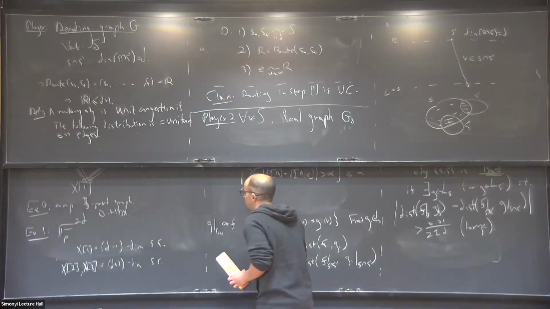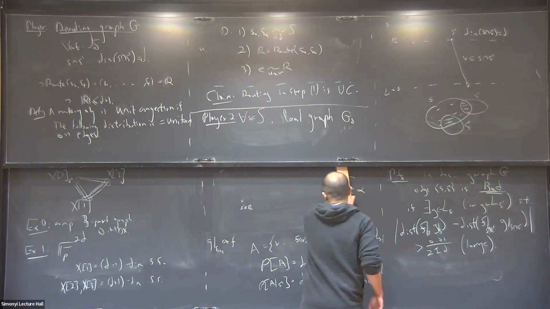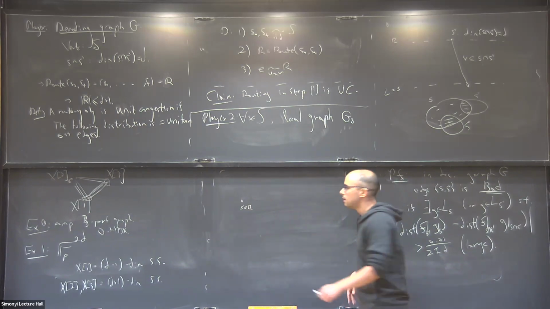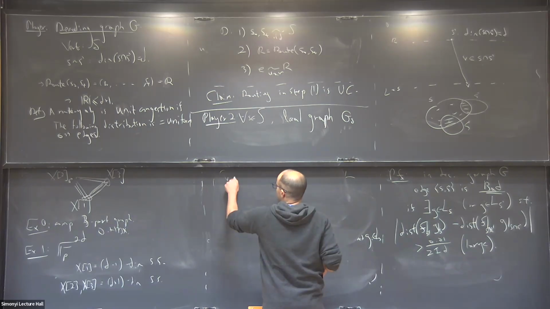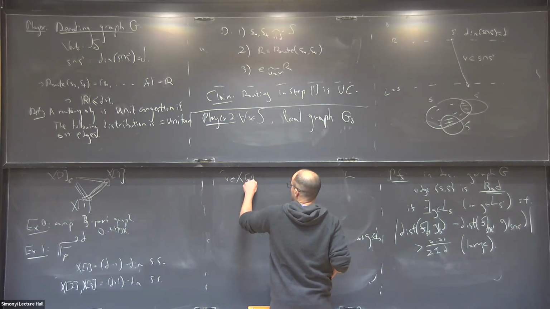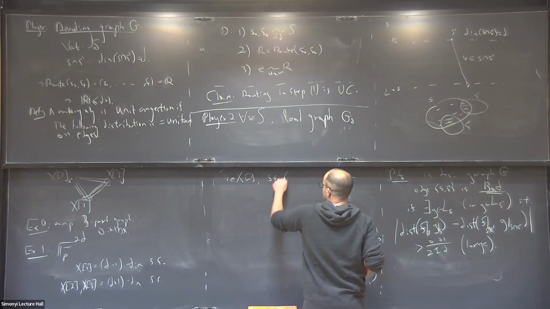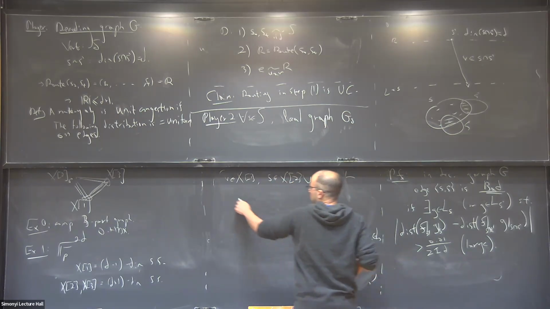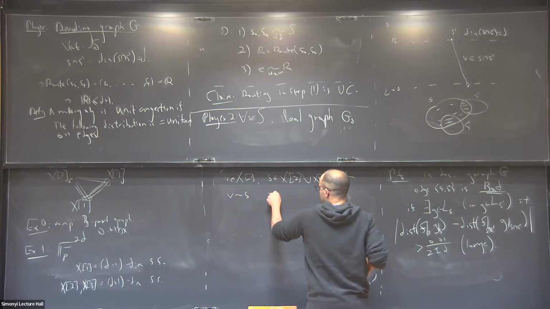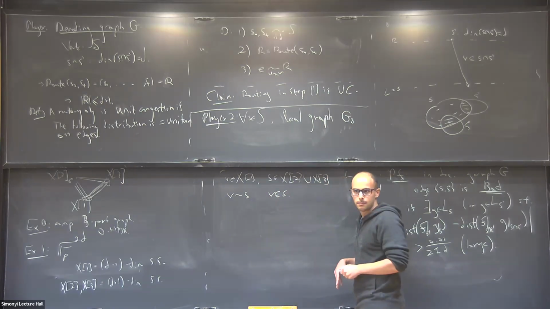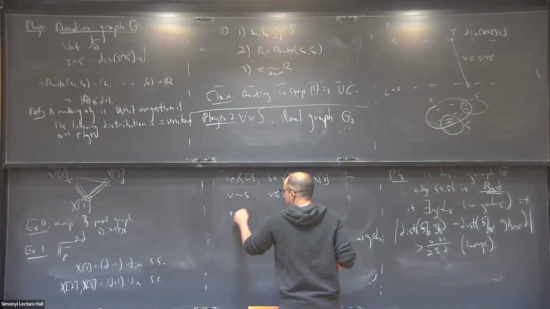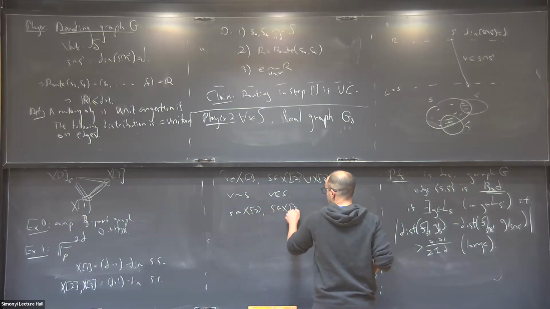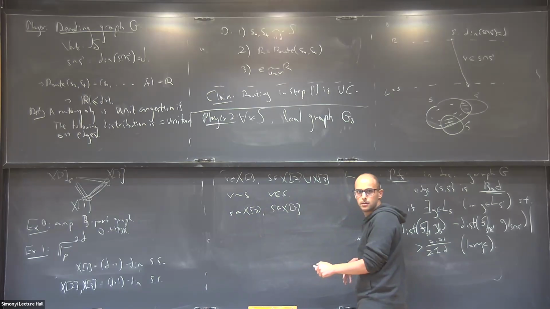And now I will connect edges according to the following rule. If V is in X1 and S is either in X2 or in X3, then I connect V and S if V sits inside S. And if S is in X2 and S prime is in X3, any guesses?